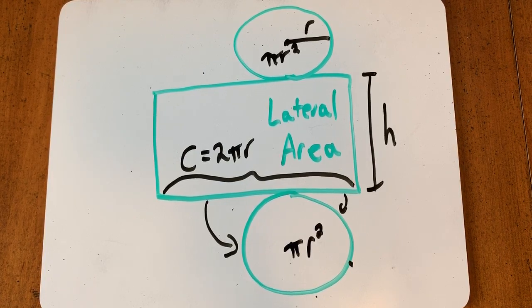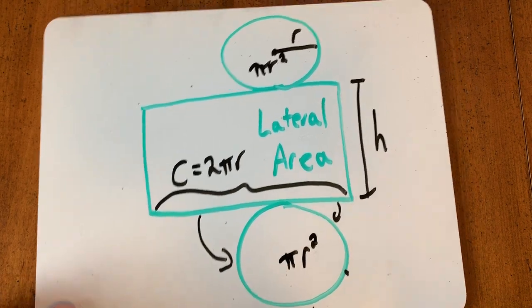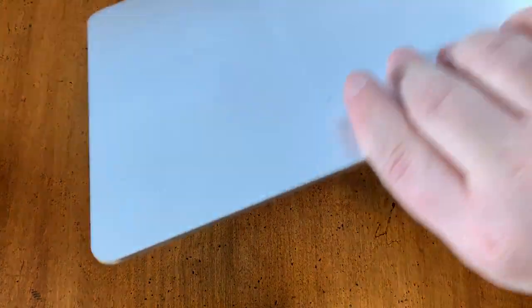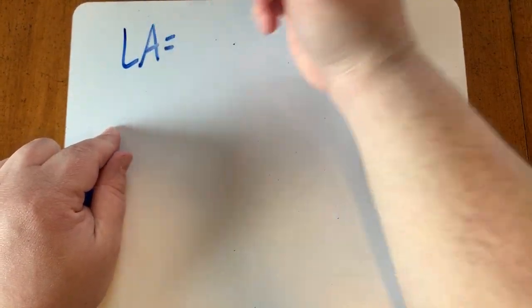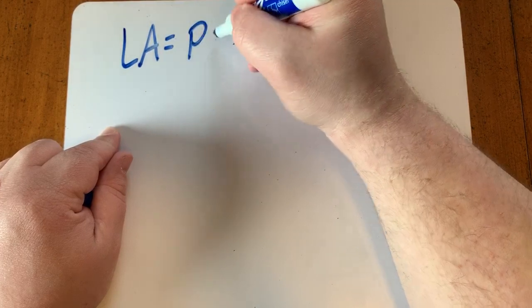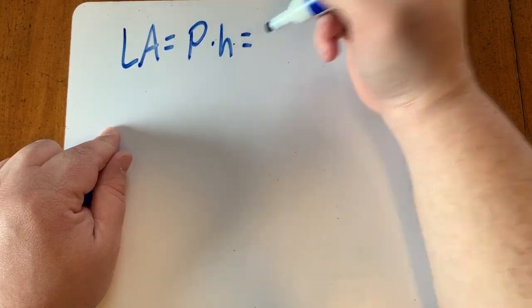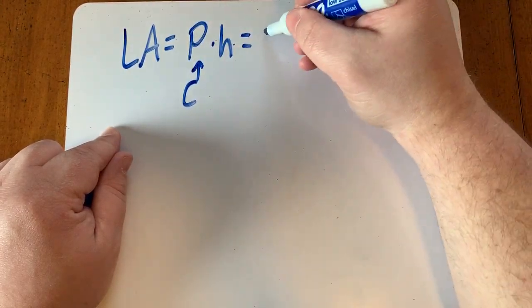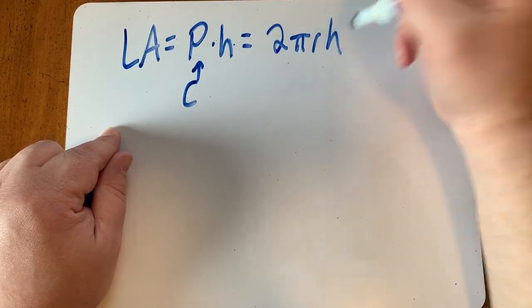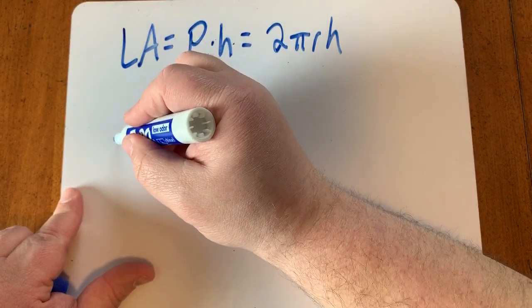So, for a cylinder, in essence, its lateral area and surface area are the same as they were for a prism. It's still the perimeter of the base times the height, but perimeter in a circle is circumference. So it's 2 pi r h.